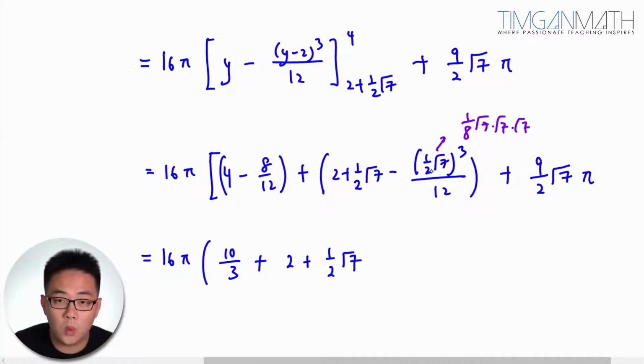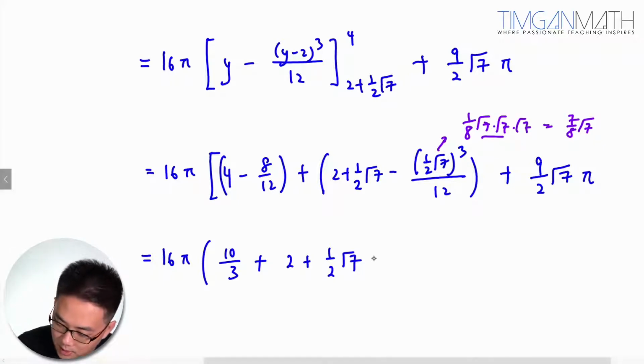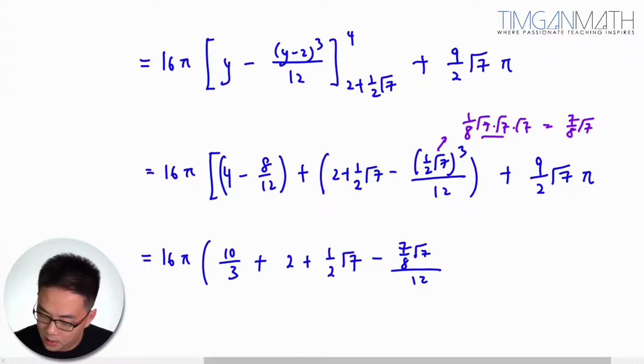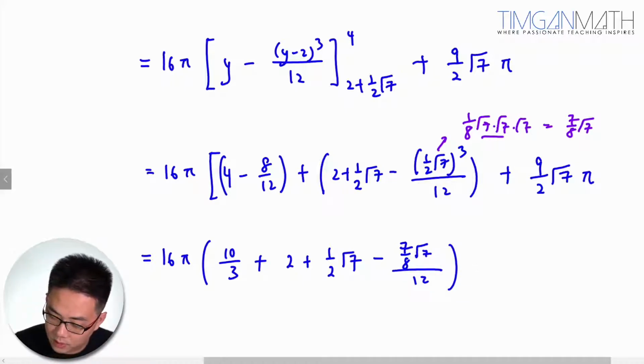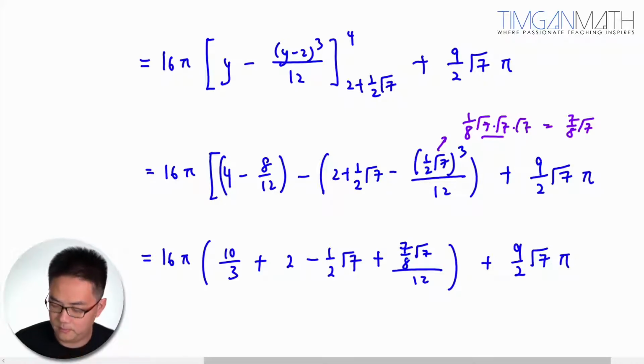So half to the power 3 is 1 over 8. So this would just be 7 over 8 root 7. Okay, so there you go. This part here will just be minus 7 over 8 root 7 divided by 12. Okay, so in this case, sorry, this is minus. Oh my goodness, so this is minus, this is plus, and this is 9 over 2 root 7 pi.